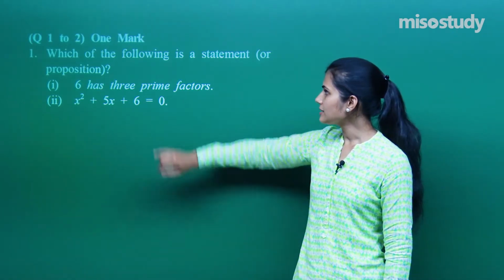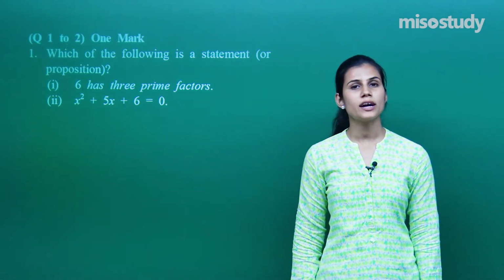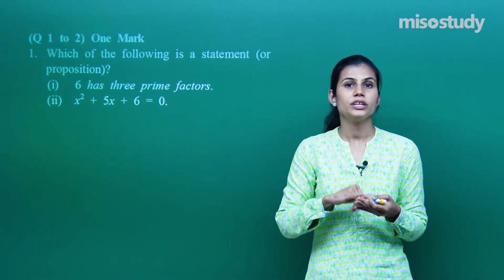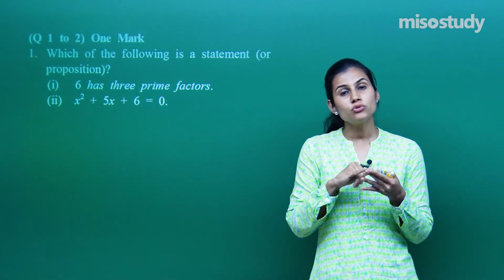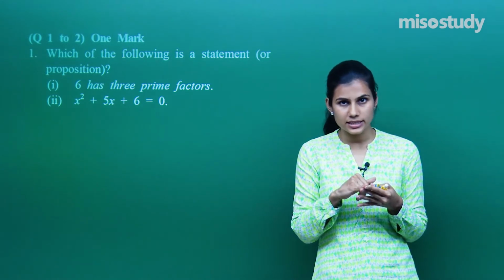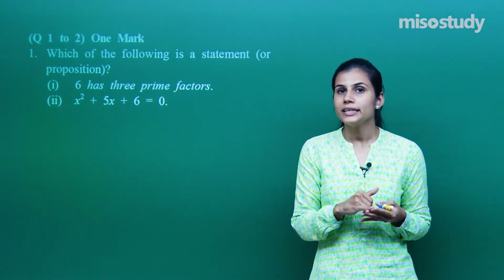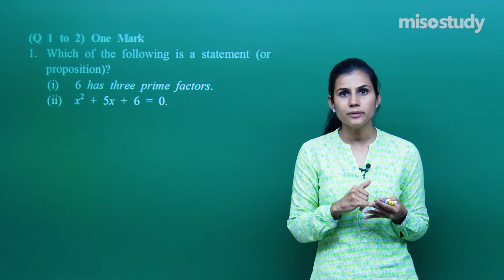There should be no confusion or doubt regarding the truth value of that sentence. If I talk about 6 has 3 prime factors, you all know that all the factors of 6 are 1, 2, 3 and 6. Out of these factors of 6, how many are the prime factors? 2 and 3, right?